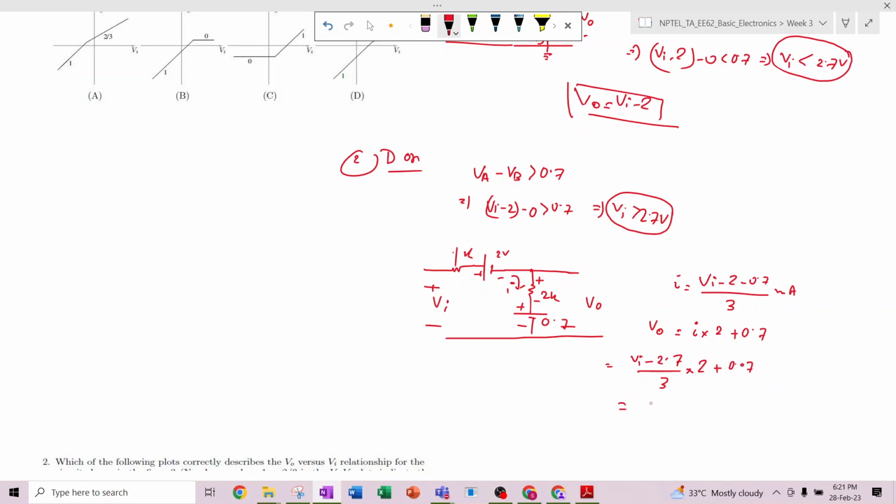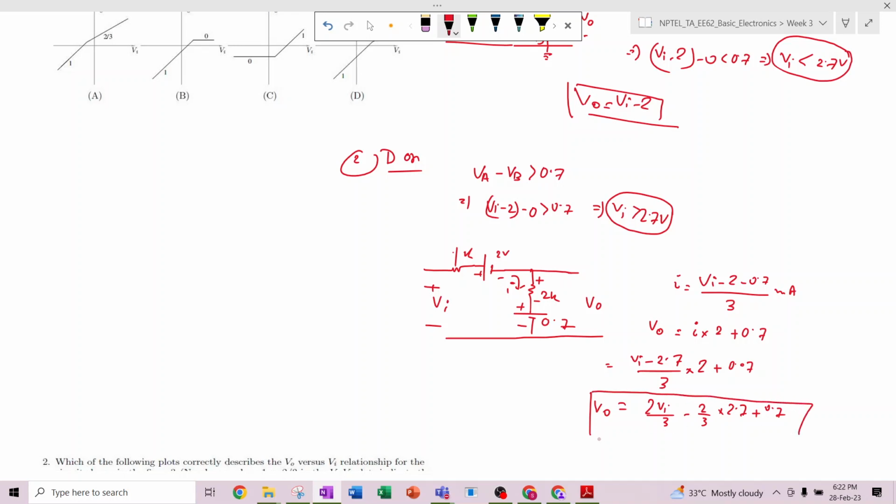So that is 2 Vi by 3 minus 2 by 3 into 2.7 plus 0.7. Okay, this is VO.